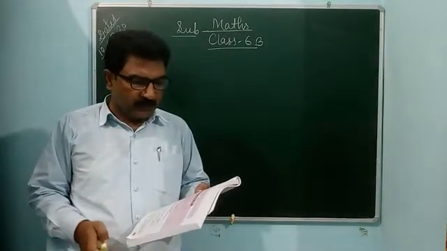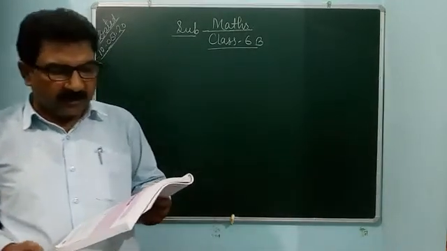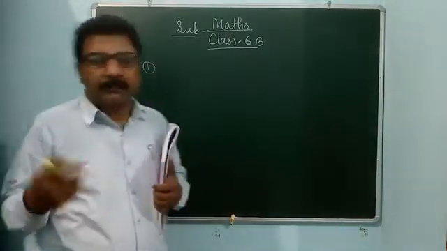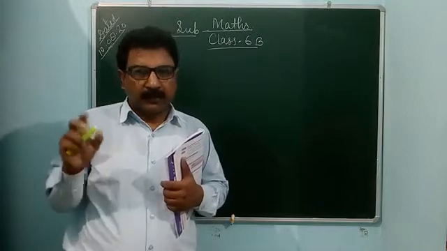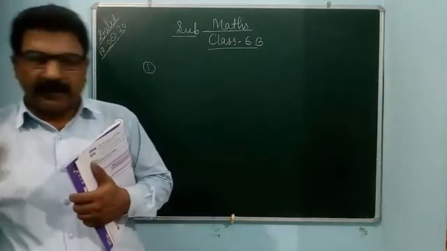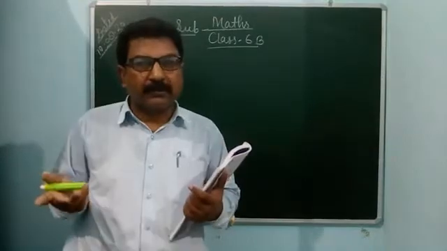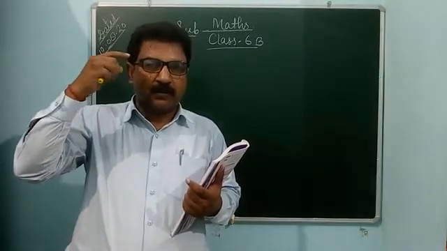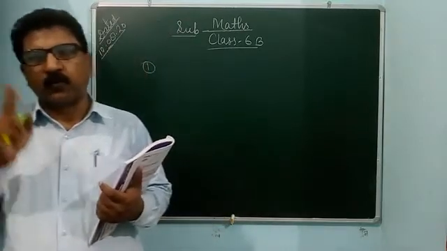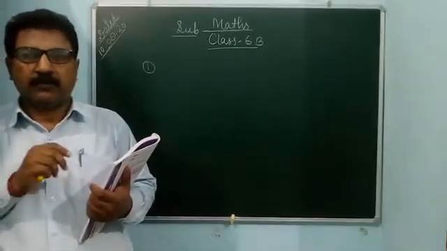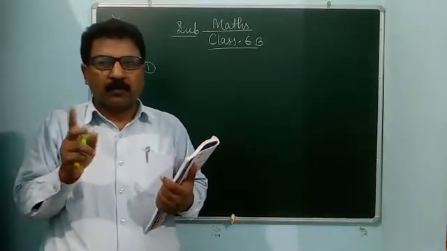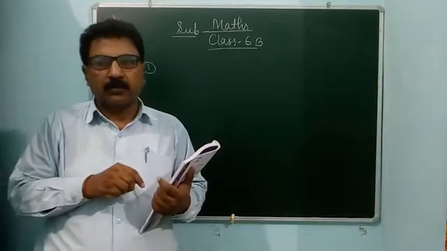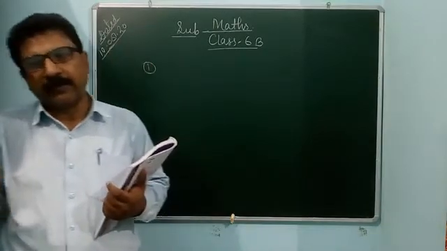First question: determine whether each number is prime or composite. So dear student, if the number is prime, what should be its quality? Take the definition in mind. When a number has exactly two factors, one factor is 1 and the second factor is the number itself, this number is called a prime number.